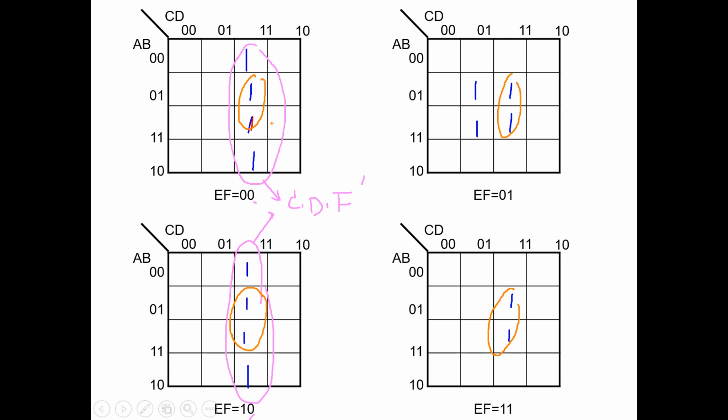So these 8 cells. The product term of these 8 cells is C and D. That's all.